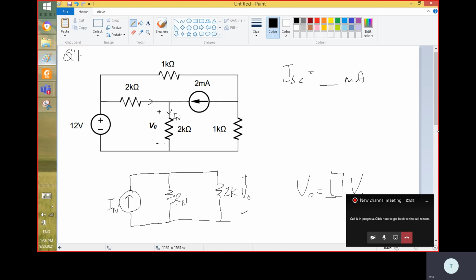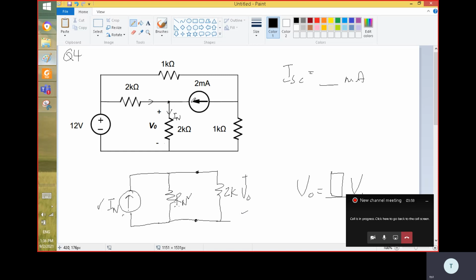Eventually, you have one Norton current, the equivalent Norton resistance, and then the 2K is our output. So this is the variable circuit, right? It's called the external or variable circuit. This is the fixed circuit, right? Okay. So we need to find the IN by using the KCL at this node here.